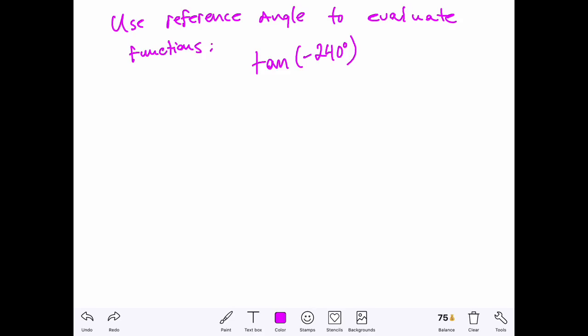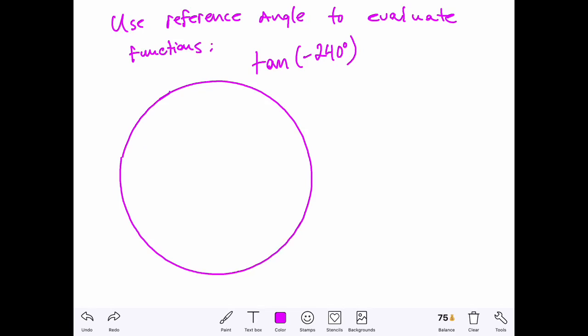Okay, let's draw our unit circle. Put in our y-axis here. And let's put in our x-axis here.